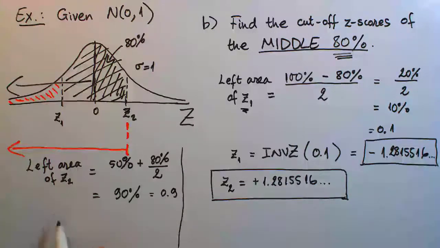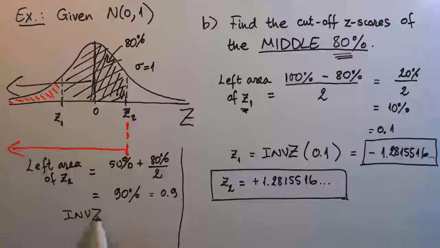And once again, there are plenty of technological resources out there so that we can invert an area and come back with a Z right here. And so here I designed my program INVZ, and I'm going to use it for my own convenience. So running INVZ on top of that given area being 0.9, and Z2 is here.